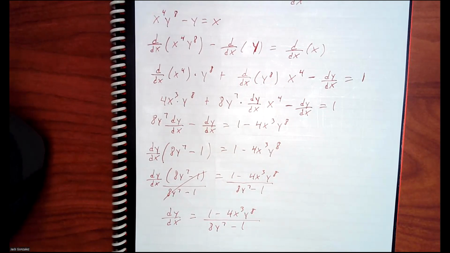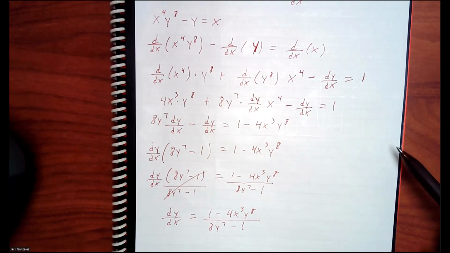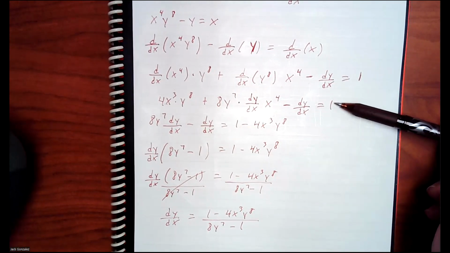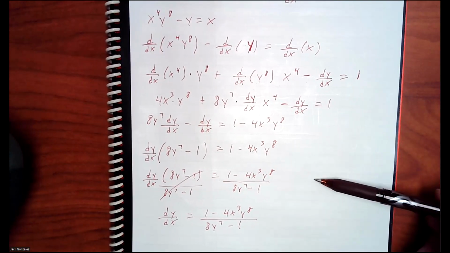If it did, you would just put 8y7 and that's it. Nothing else would appear. Any other questions? Right here, the derivative is done. The rest is solving for dy dx.